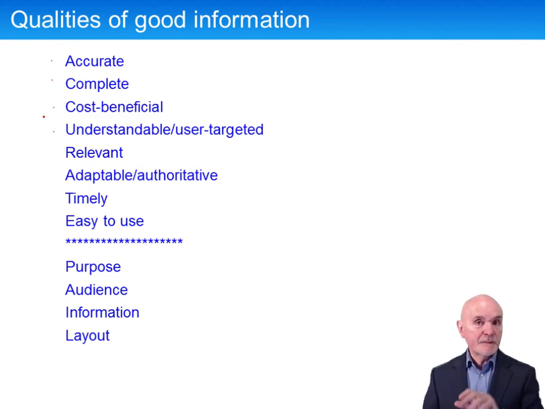That doesn't mean it has to be to the last cent for everybody. It could be rounded to the nearest million in some very large companies, but accurate enough for its purpose. It has to be complete. Missing information is misleading. Cost beneficial, even in a not-for-profit organization.